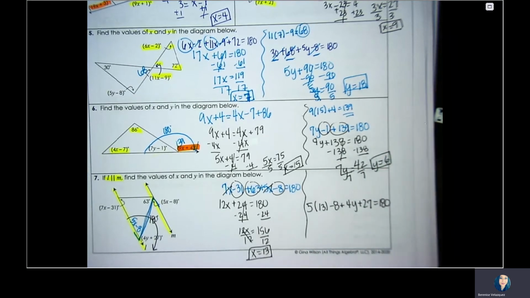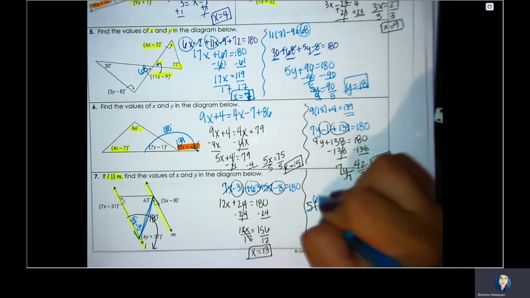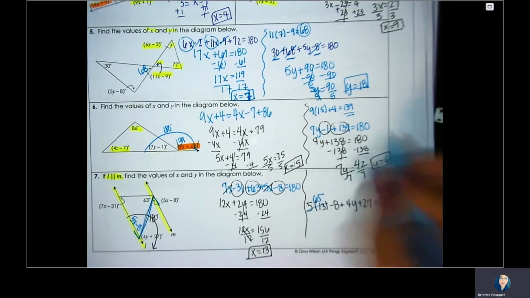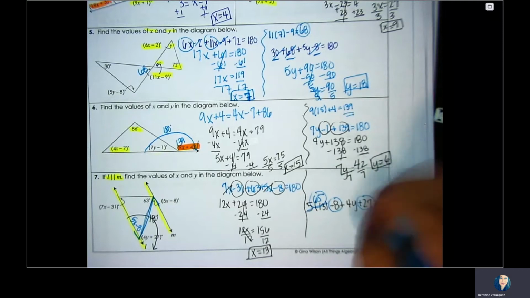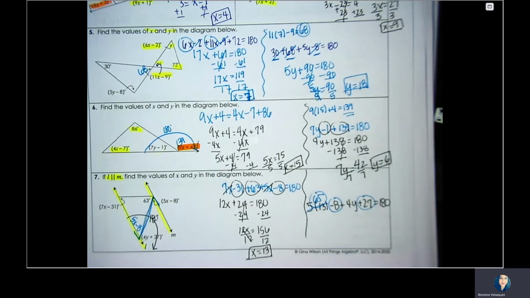I'm still going to end up multiplying that out, but I just put it all into an equation. So that's going to give me 65. Now I'm going to combine my like terms. So 65 minus 8 plus 27 is going to give me 84.